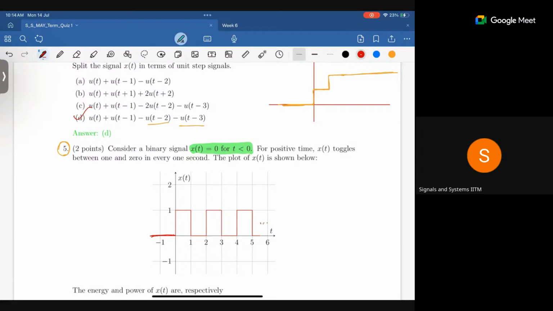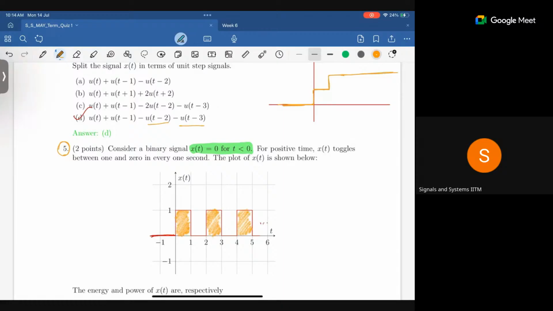Firstly, you should identify what kind of signal this is. Is it an energy signal or a power signal? It will be a power signal, because it is very evident that you can see some area under this curve, and this area will repeat till infinity.